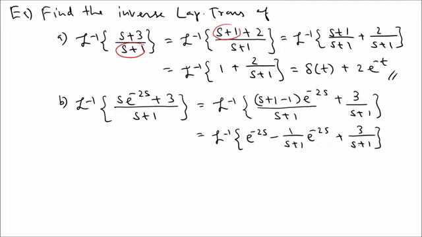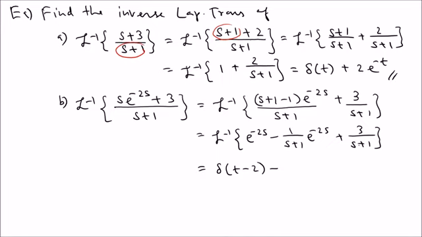Now we go term by term. So the first one is simply delta t minus 2, where a is in this case 2. The next one, we have to use the Heaviside function for this one. We find it and then we can transform that. You can see the function is 1 over s plus 1.